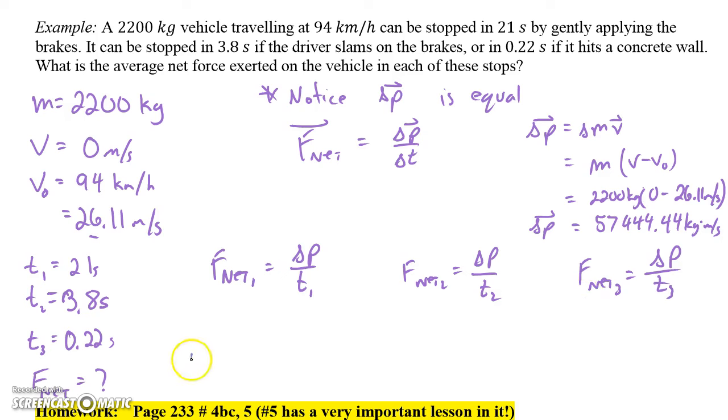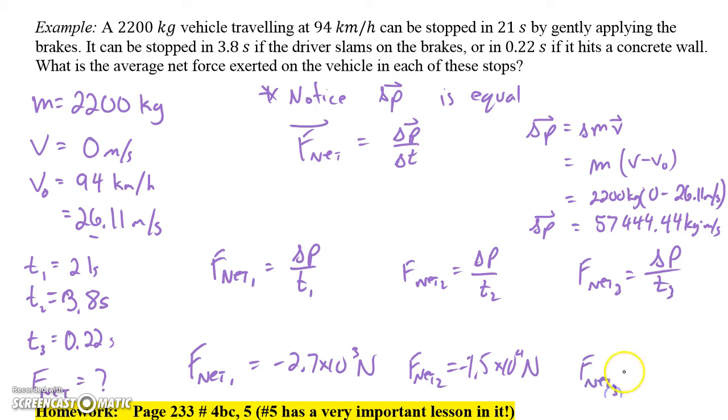Now, if you calculate this out, you would get F net 1 should be negative 2.7 times 10 to the 3 newtons. F net 2 will be negative 1.5 times 10 to the 4 newtons, and F net 3 is negative 2.6 times 10 to the 5 newtons.